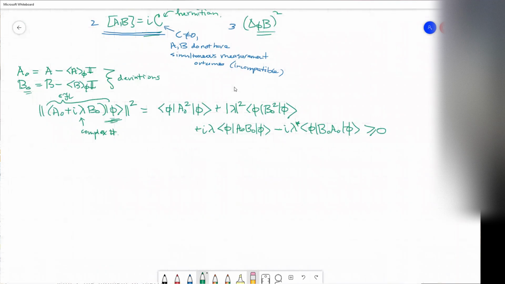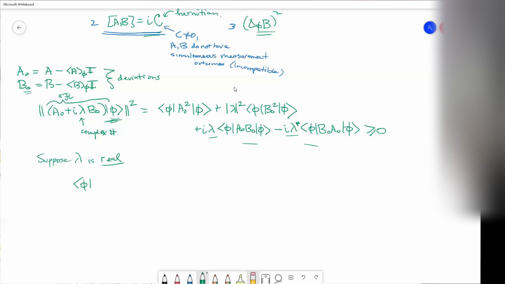All right. So now we can suppose lambda is real, which we can do because it's some arbitrary parameter. So if we suppose it's real, then of course lambda and lambda star are the same thing, and these combine right into the commutator.